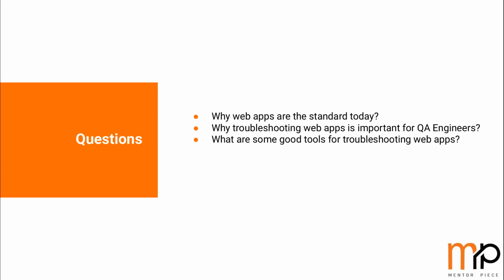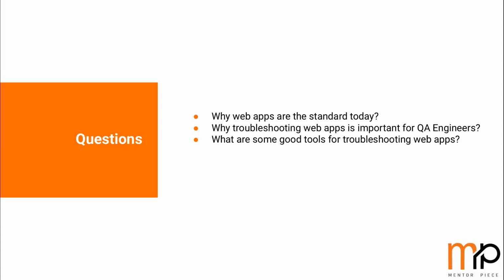The second one, why troubleshooting web apps is important for QA engineers? Yes, because their job involves analyzing and testing and checking all kinds of web apps, all kinds of applications, and also web apps. But why web apps are especially important for this career?